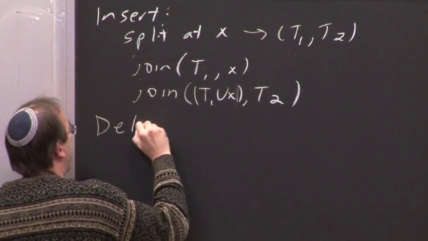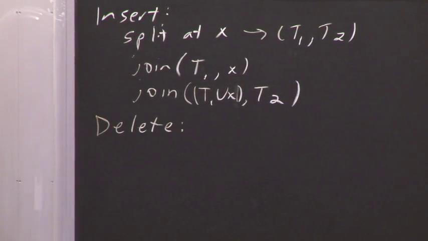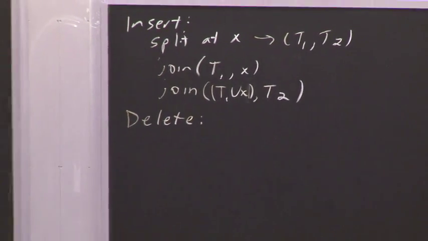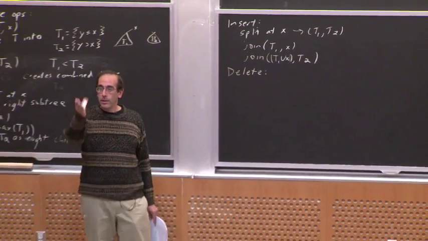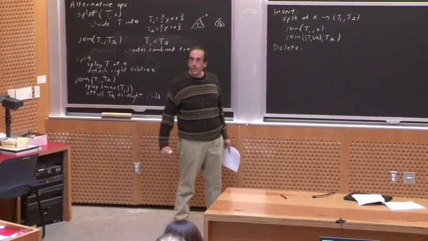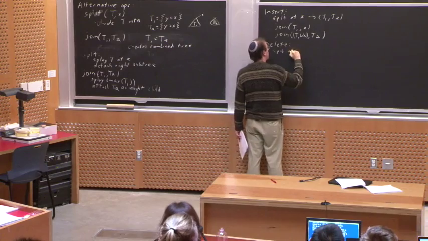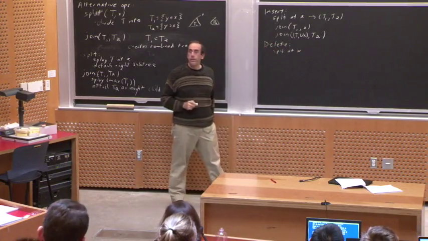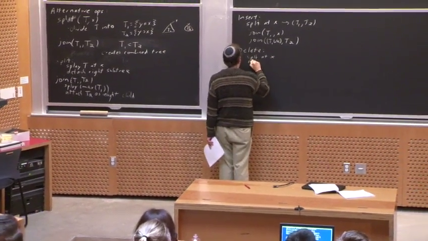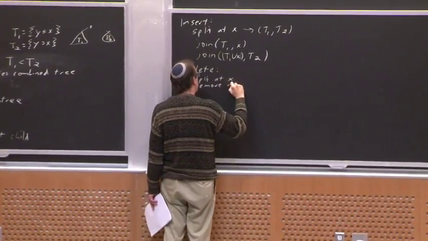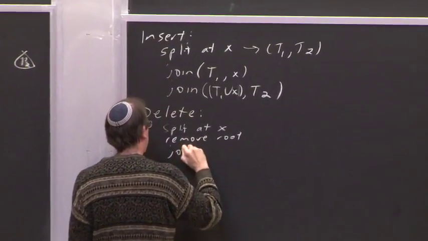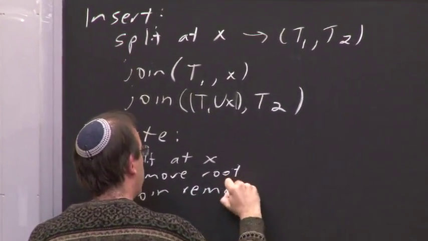What about delete? You just split at x again and simplify to just join the two subtrees. Good. So we split at x, we remove the root, and then we join the remainder.